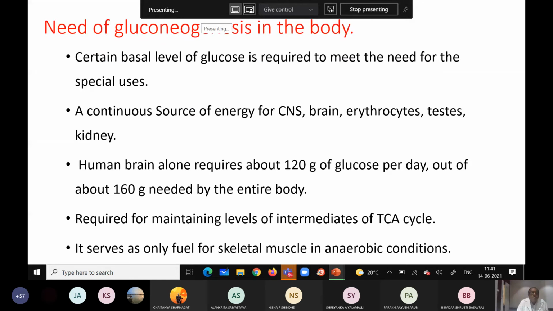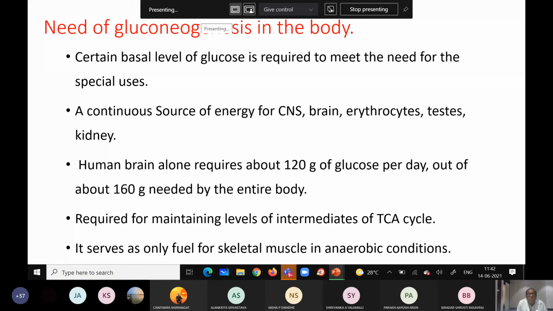So why is gluconeogenesis needed in the body? Because some activities need an absolute supply of glucose to meet the needs of certain organs, like the brain, erythrocytes, testes and the kidney.